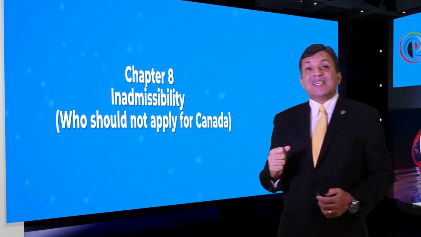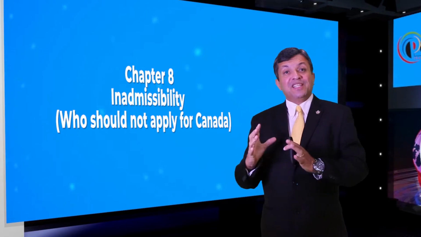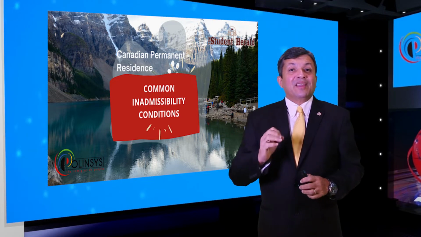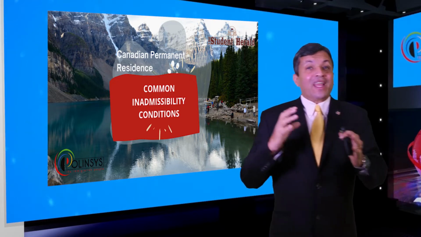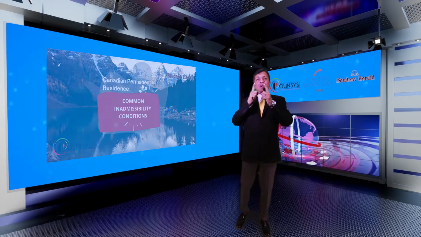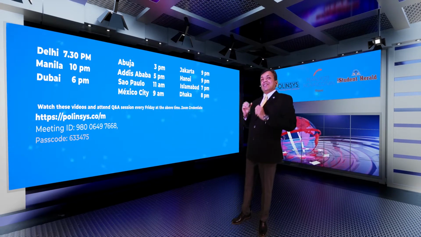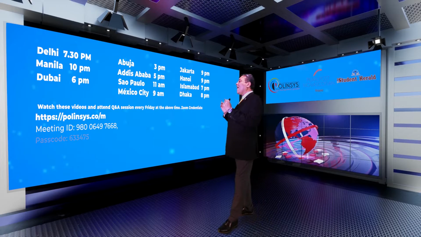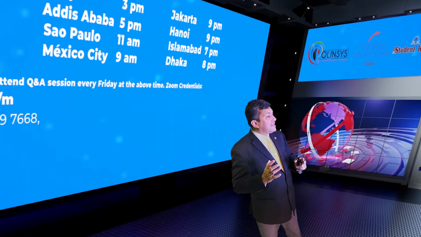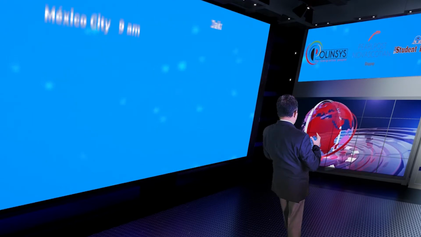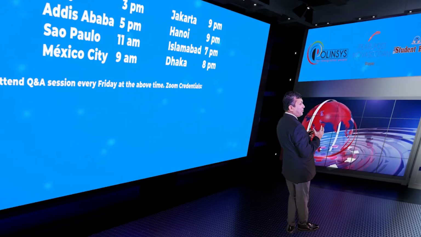In this video, we are going to discuss Canadian inadmissibility for permanent residence application under the independent or economic class. If you invest your time and money and get selected and finally come to know that you are inadmissible in Canada, it could be devastating.